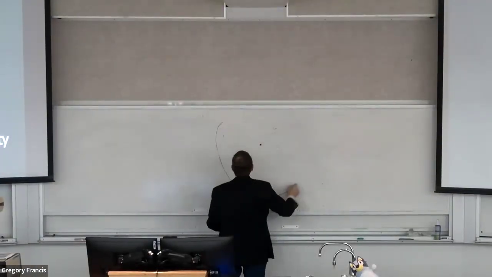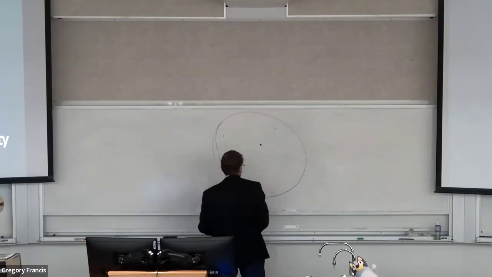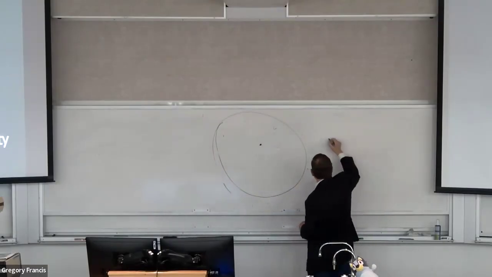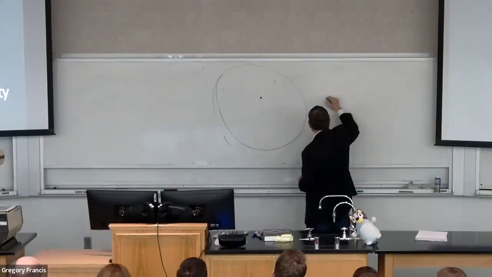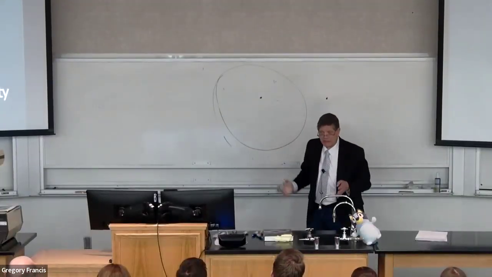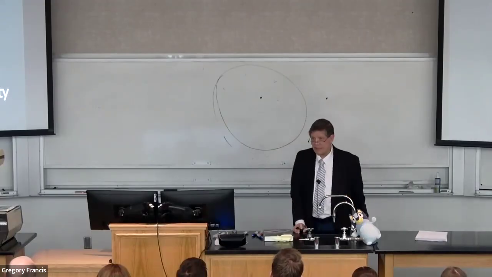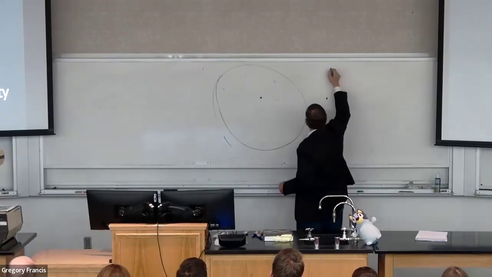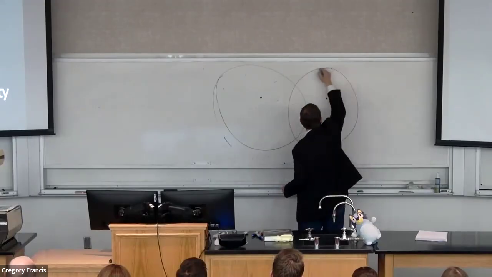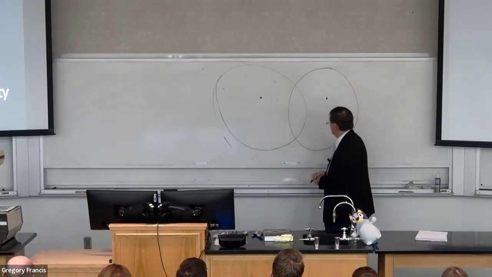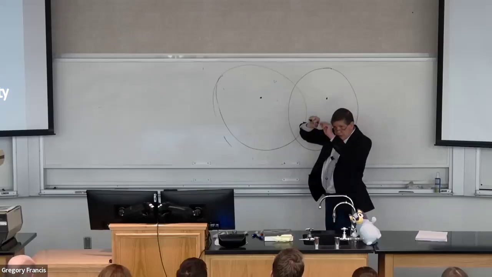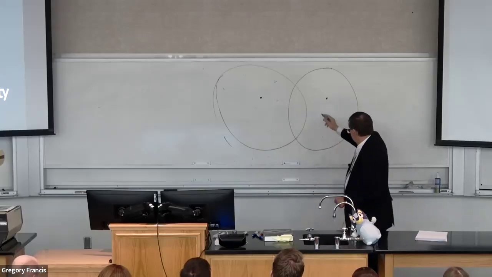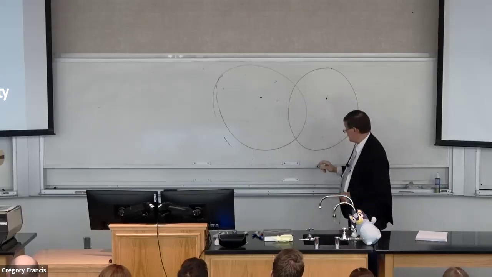I'm somewhere on the surface of a sphere. If I get a signal from a second satellite, and I know how long it took that signal to get to me, well, I know that I'm somewhere on a sphere relative to that satellite. And that's going to isolate where I am to a circle, which is the intersection of these two spheres.